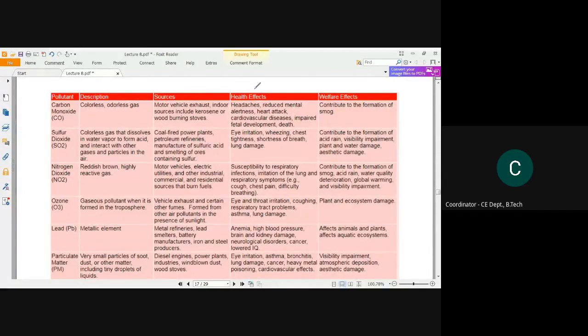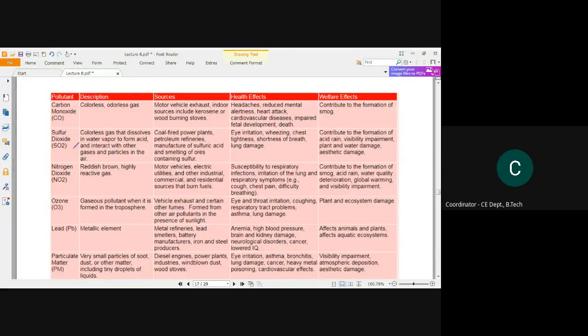Okay, and sulfur dioxide, how can we describe it as a pollutant? It is also a colorless gas, and it dissolves in water vapor to form acid like sulfuric acid, H2SO4, and interacts with other gases and particles in the air.